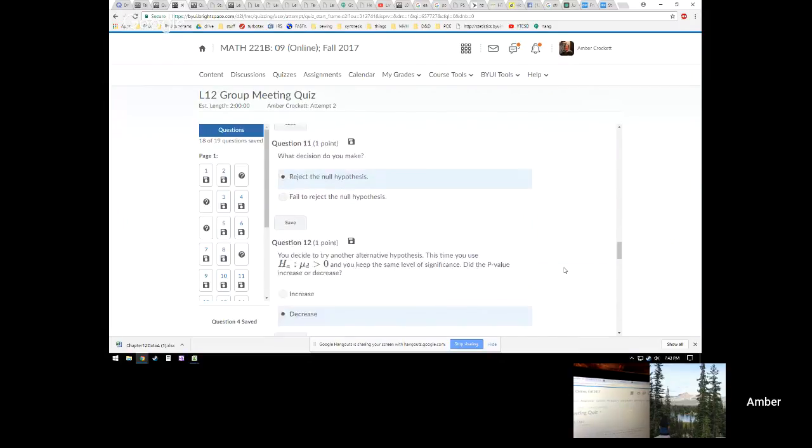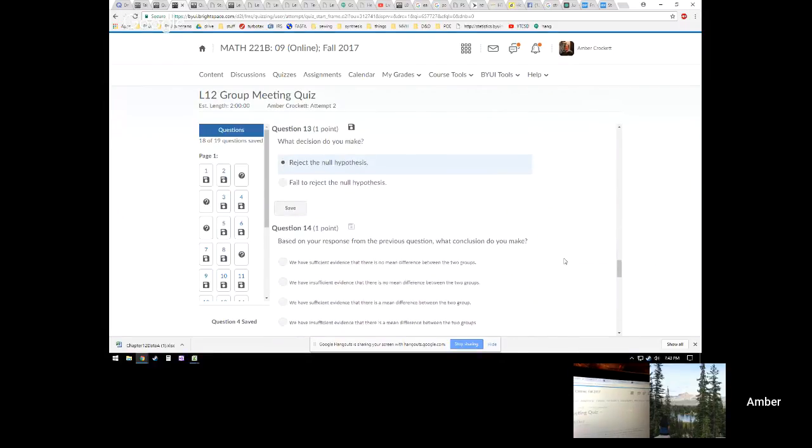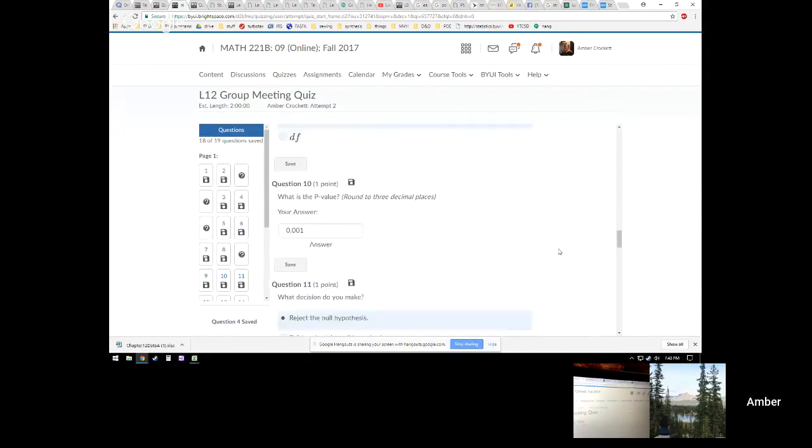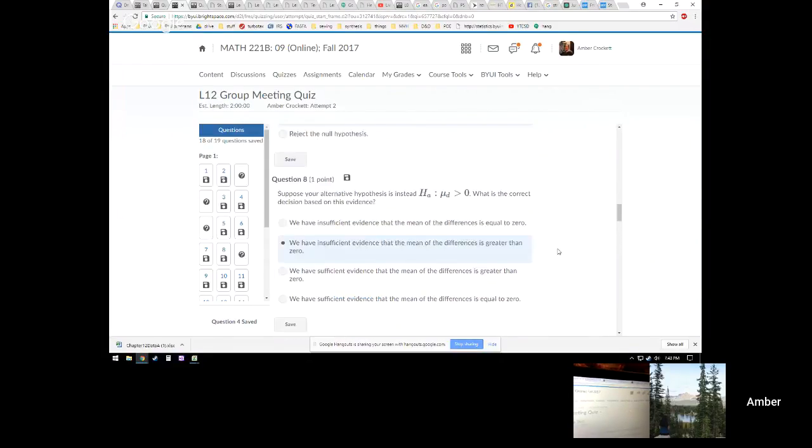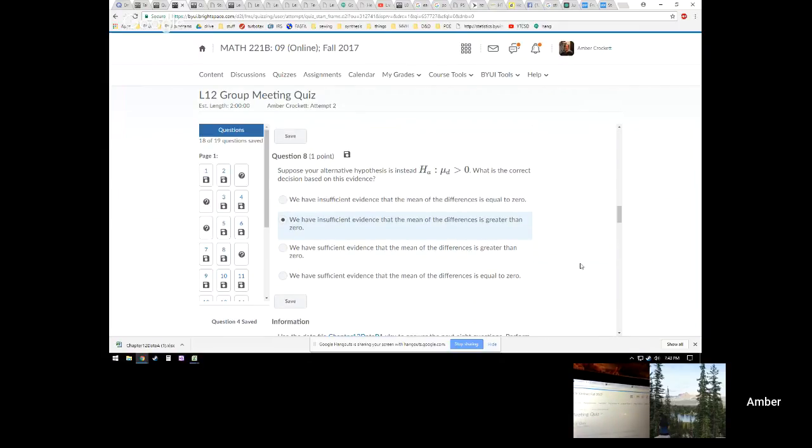I put we have significant evidence in C, the third one, but I got it wrong, so it should be B. That would be my best guess, but I'm not sure either. We can just test it because we already know two of them for 14 are wrong, so we can see which one's right.